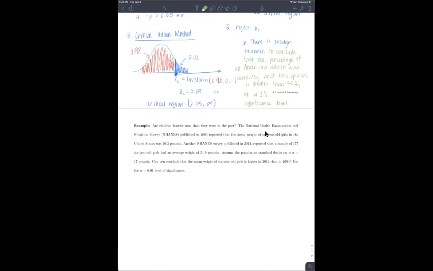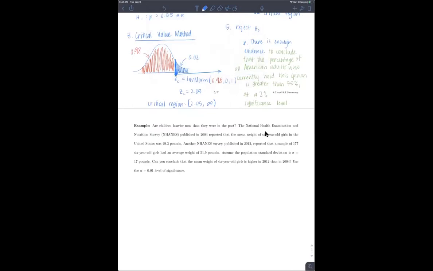Okay, so this new problem says, are children heavier now than they were in the past? The National Health Examination and Nutrition Survey, published in 2004, reported that the mean weight of 6-year-old girls in the United States was 49.3 pounds.